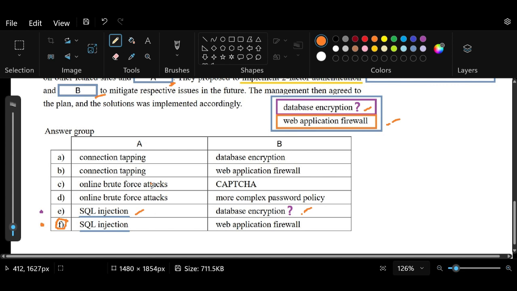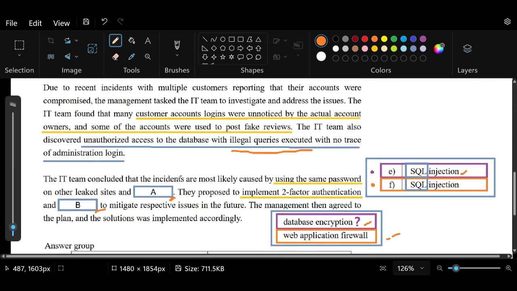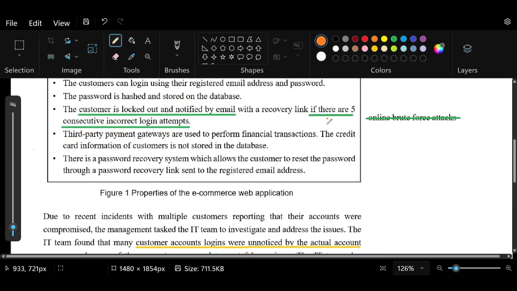Looks like online brute force attacks aren't the cause of the problem, because the owner of the account in this case would be notified as well if there are 5 consecutive incorrect login attempts. Notified by email, where the email would have a recovery link, because an online brute force attack would try out several usernames and passwords, combinations of these to log into the account. Now in this case, there are only 5 consecutive incorrect login attempts before the customer would be locked out and would be notified by email.